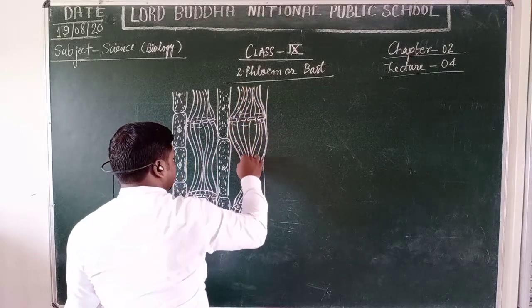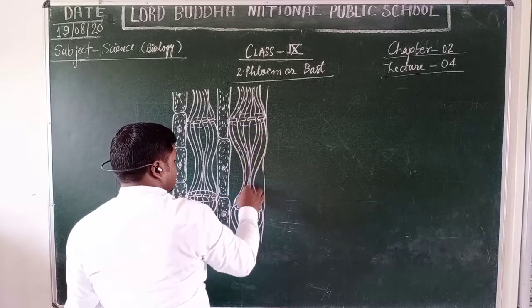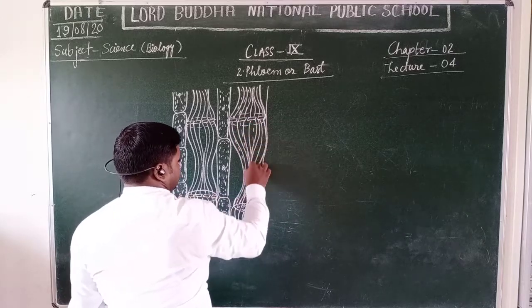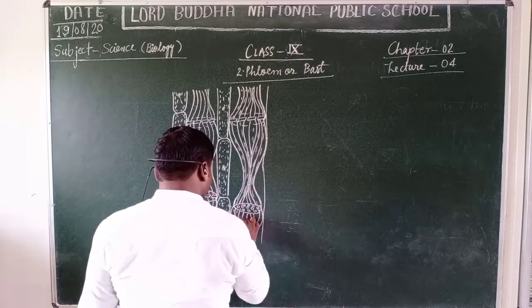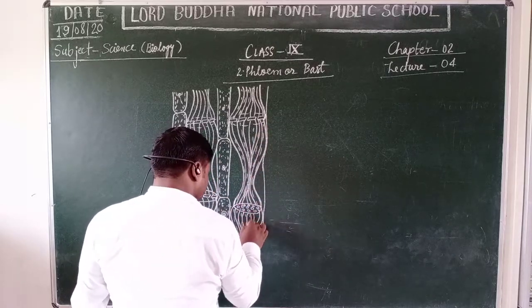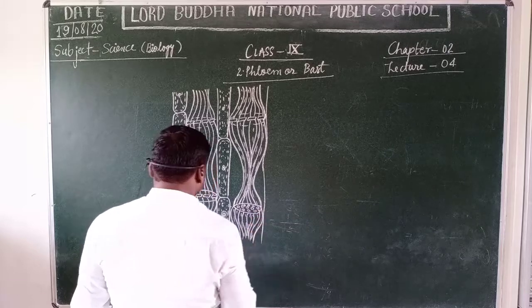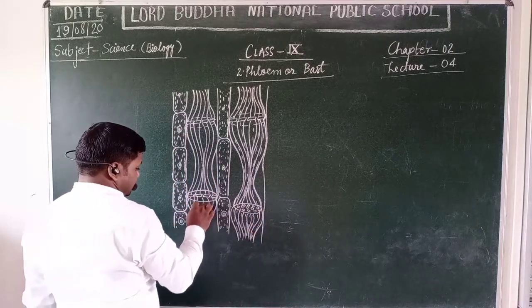These are the bag-like structures which are also associated with the sieve tubes. These help in the storage of food substances.